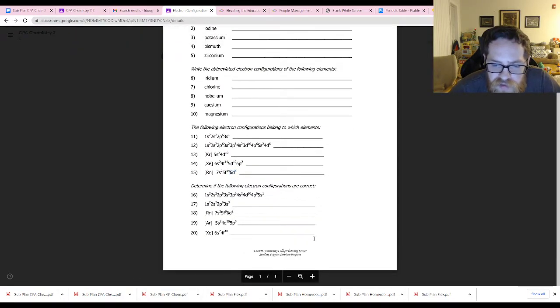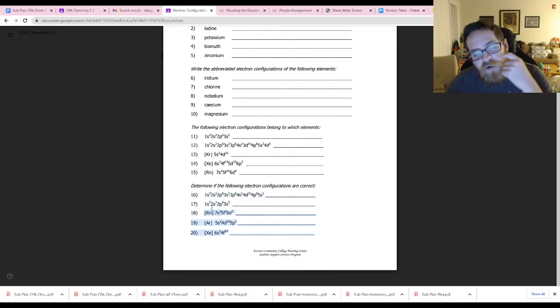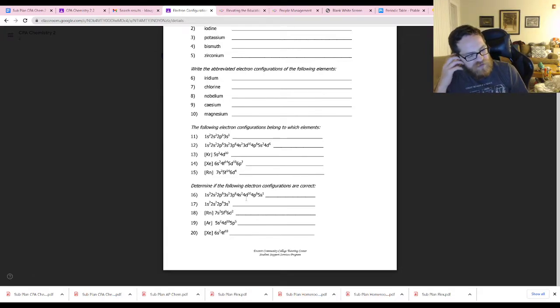Now let's look at these and try to determine if these electron configurations are correct or not. In order for an electron configuration to be correct, it has to have the correct number of electrons, which we can check by counting, and they have to have been added in the lowest order, so you completely fill all of the smaller orbitals before moving on.